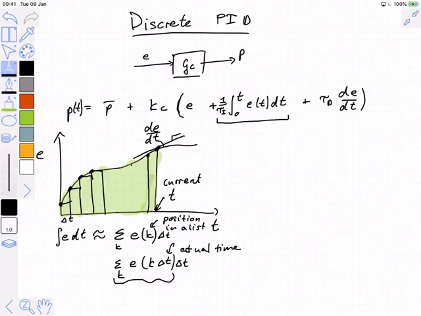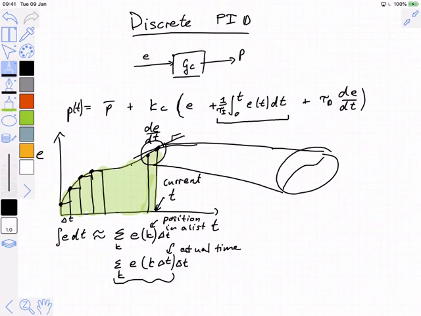So I'm going to zoom in on this piece here, and I think this idea is already familiar to most of you, that we're going to have two points in time at which we will have a known error value. We will have the current time, and we will have time minus delta t, if I were using units of seconds.